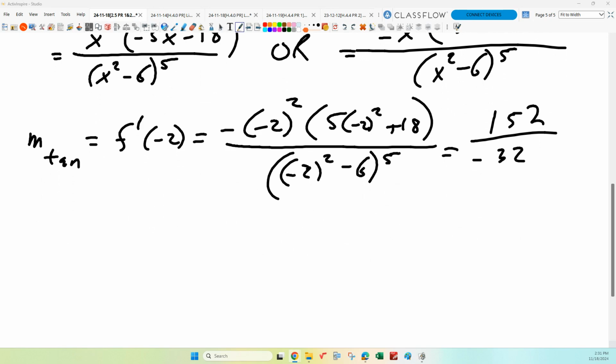Okay, which is, I guess we could simplify that and get -76/16. So we could divide by 4, couldn't I? 38/8, so 19/4. So there's the slope of the tangent line.